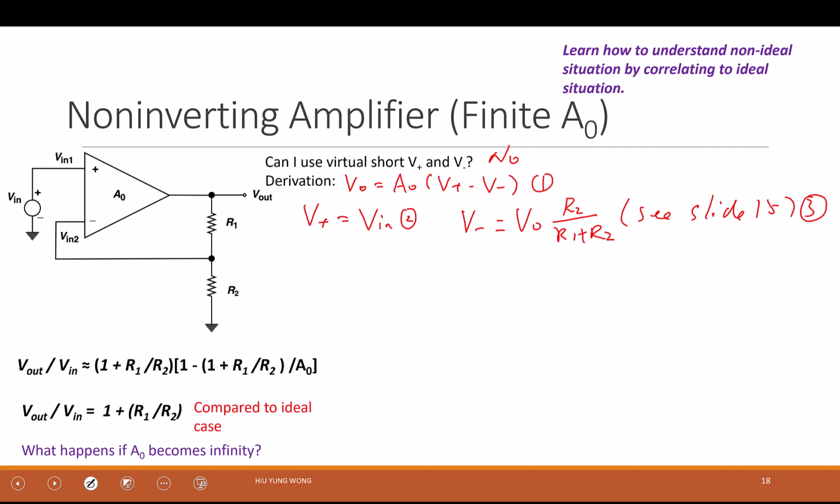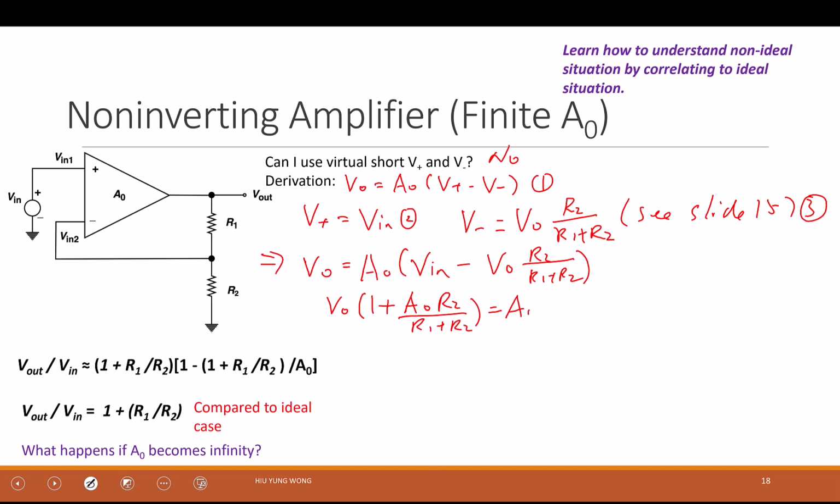Then I just combine them together because this eliminates all the issues I have. Then I have V out equals A0 times (V plus, which is V in, minus V minus, which is V out times R2 divided by R1 plus R2). So I'm basically done. I have the right equation. The rest is just math. So I will move V out to the left. Then I get V out times (1 plus A0 R2 divided by R1 plus R2) equals A0 V in.